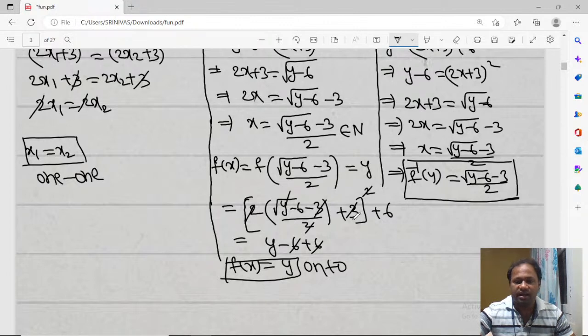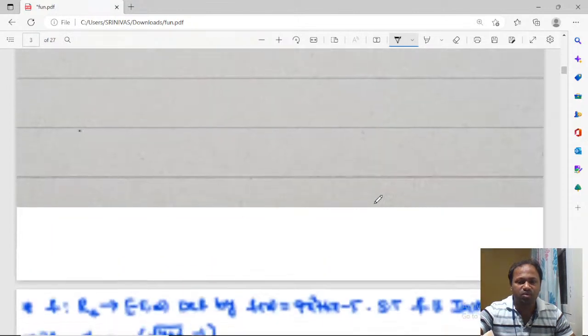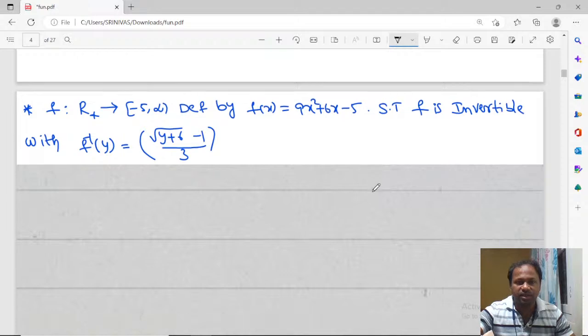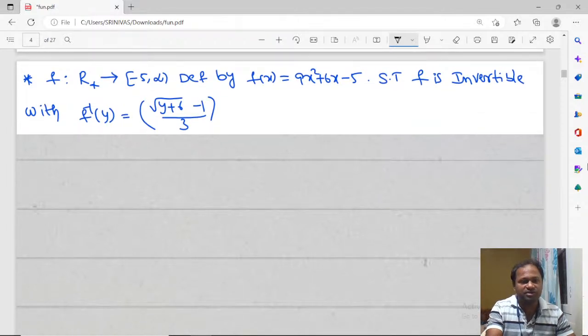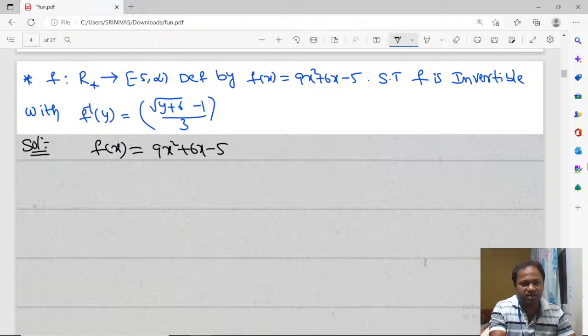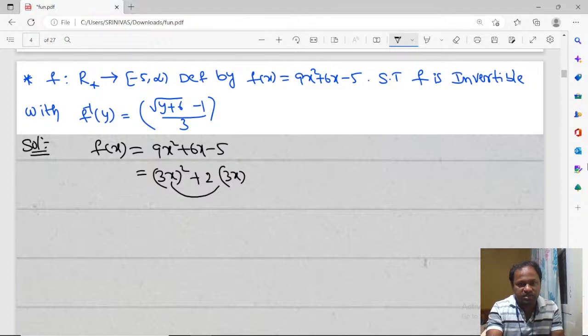Okay. Next, I will move on to one more question. So this is also an important question. First, we need to convert. How to convert? f of x is equal to 9x square plus 6x minus 5. So that is equal to 3x whole square I will write, plus 2 into 3x as it is, 2 threes are 6, into 1.